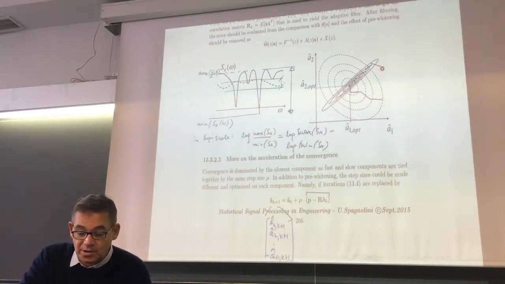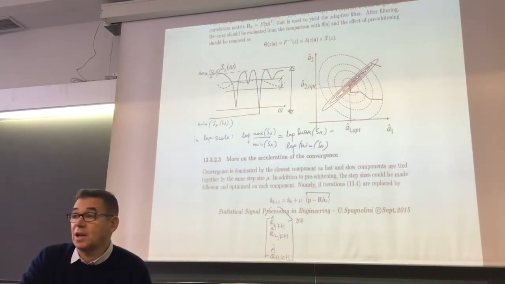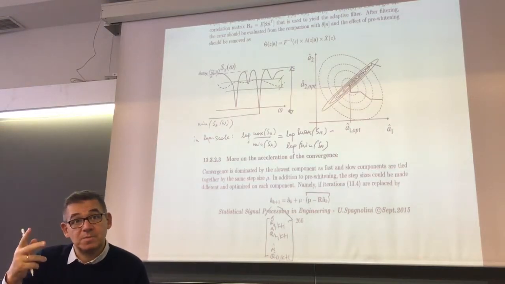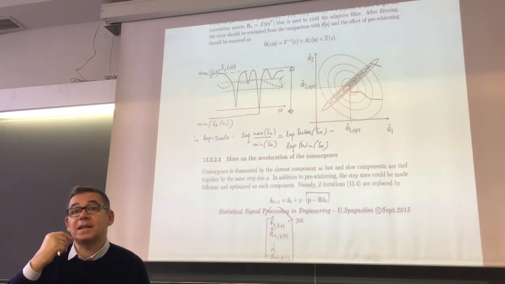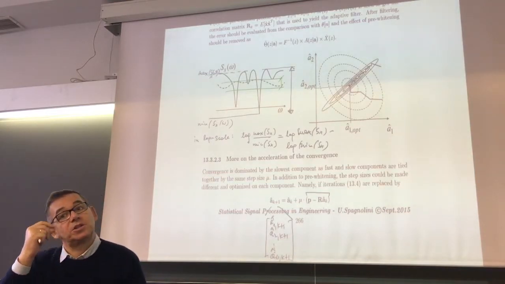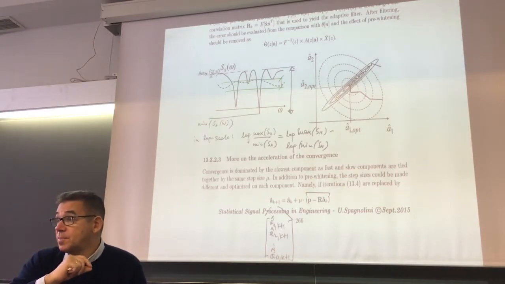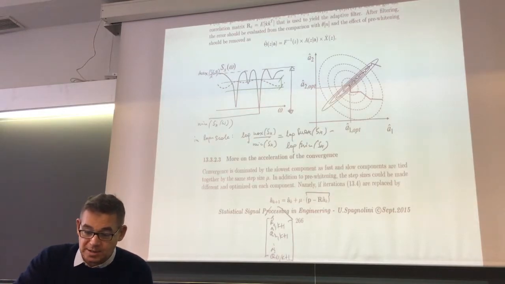Then in this direction I make one step and I'm here, and then I make a big step and go in the other direction. So I can reach the minimum in 2 steps. What does it mean? It means that I can change the step size. I can make the step size shaped according to the principal directions of the problem itself, so I can make a step size different in this direction and the other.